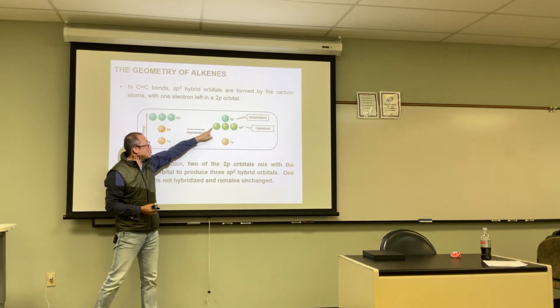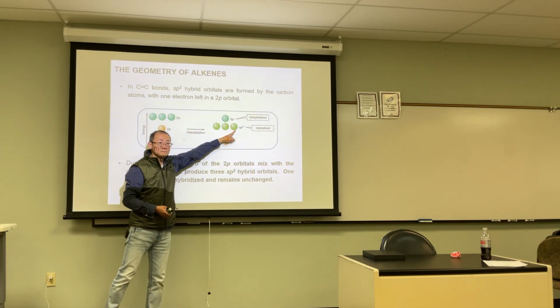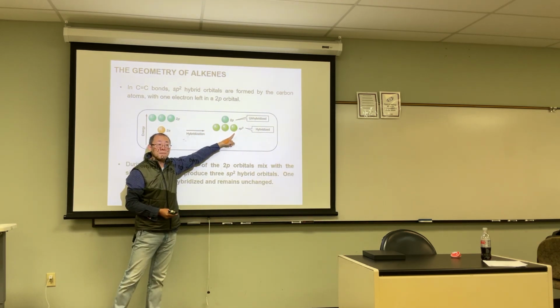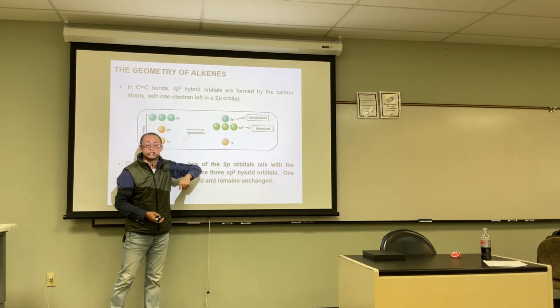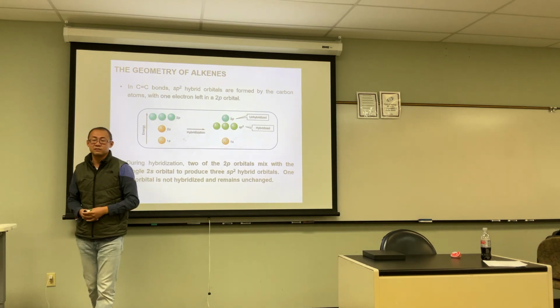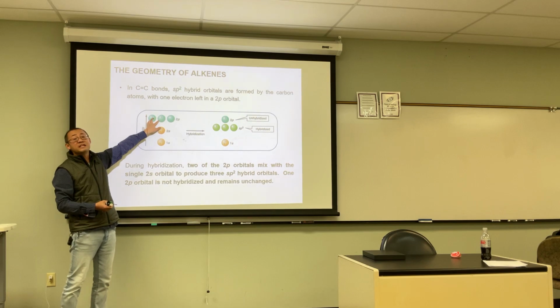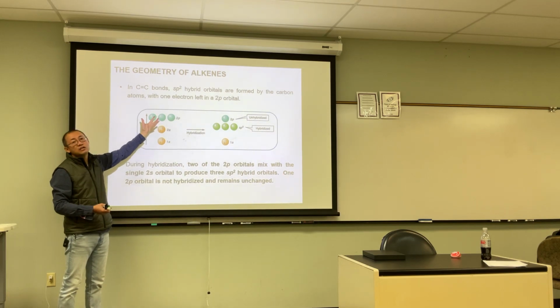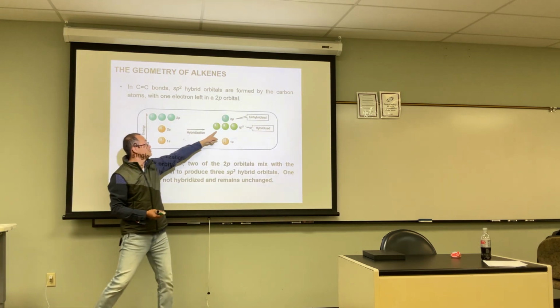You start with 3, you end up with 3 new ones. We call those 3 orbitals sp2 orbitals. Why do we call them sp2? Because you only use 2 of the p's. The s is always used. So s, p2, 3 of them.